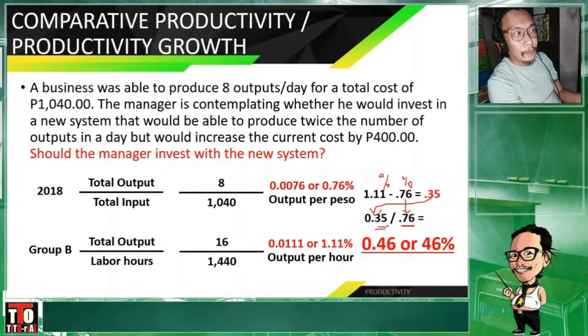So, ang ginawa ko dito, ilan yung percentage na increase ng percent? Gets? So, 46%. So, yung difference between 1.11 and 0.76 na yung increase sa 0.35 is an increase of what percentage ng 0.76? So, that would be 0.46 or 46% increase. Gets?